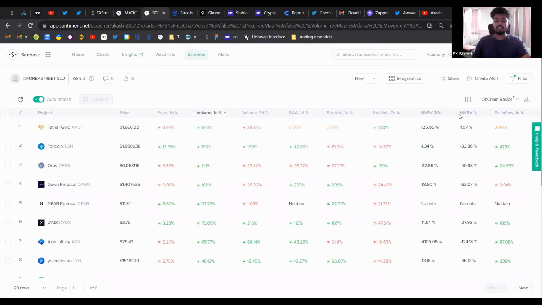As I mentioned in each Monday video, the screener contains a couple of important metrics that I pay attention to. The first one is the volume. Volume is extremely important, and a spike in volume is often followed by a spike in the asset's price as well. So taking a look at volume is often helpful in catching the pumps before they actually happen.